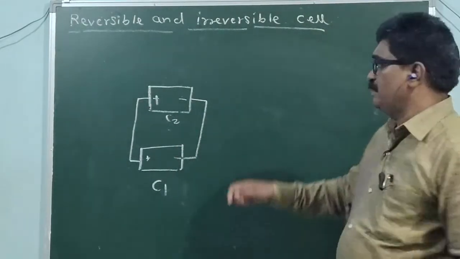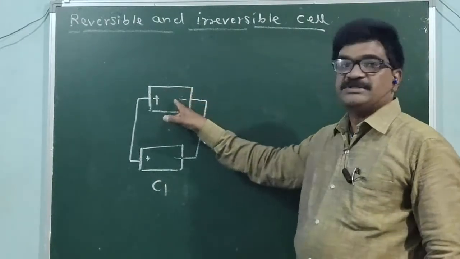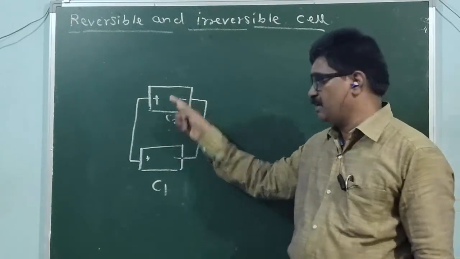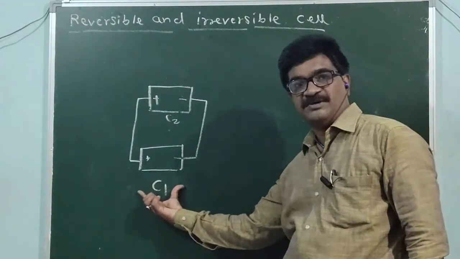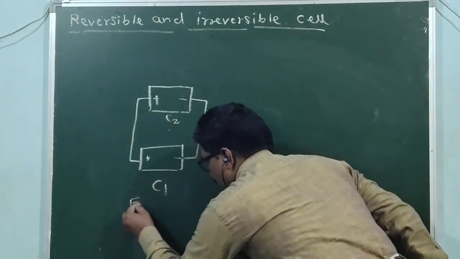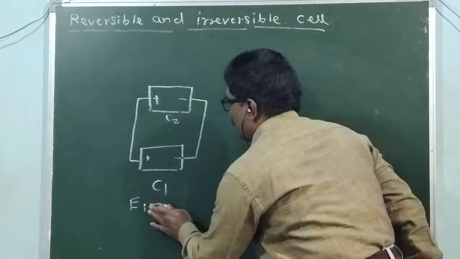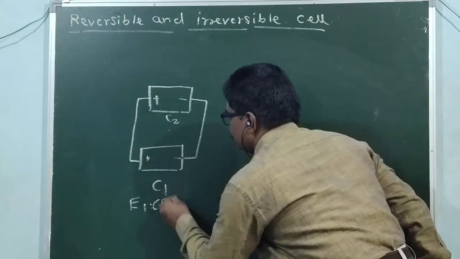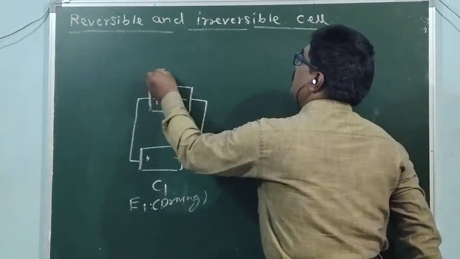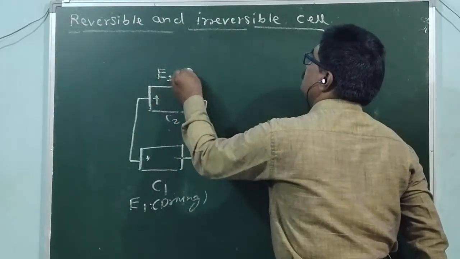Now suppose somehow I am able to regulate the EMF of the cell C2. I can increase or decrease the EMF of the cell. But here the EMF of cell C1 is kept constant. Suppose the EMF of the cell C1 is denoted as E1, or it is called the driving EMF, and the EMF of cell C2 is an opposing EMF.